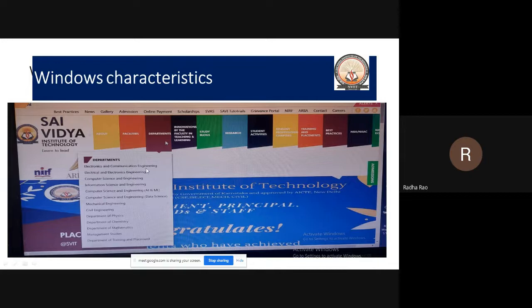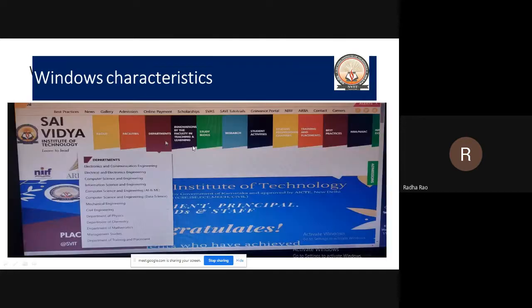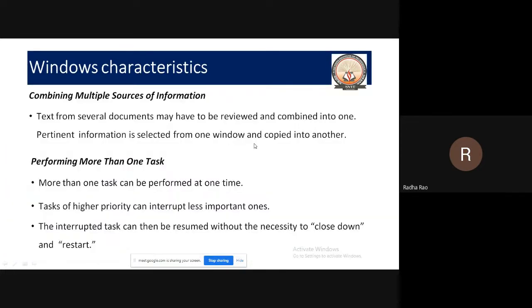Correct. Next one, you have combining multiple sources of information. If I take this particular website, so many kinds of information are present here. If you consider any one example, in one single window, I can add Wikipedia, I can share the link of the IEEE paper, I can give links.